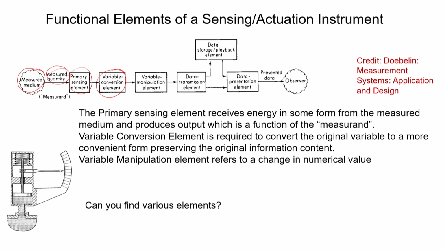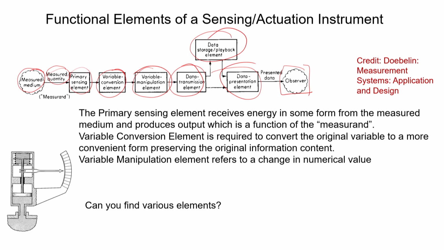Then that goes to a variable manipulation element, then the data that is coming out of the variable manipulation element goes to a data transmission element, and it goes to a data storage element, or otherwise it can directly go to a data presentation. This presented data finally comes to the observer. So many processes actually happen here.